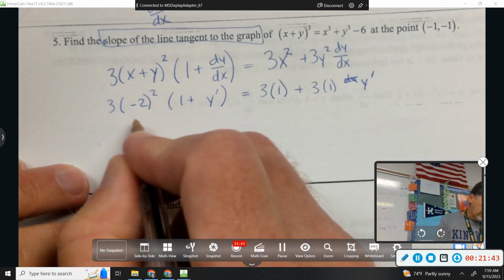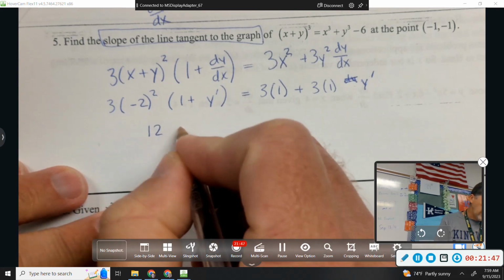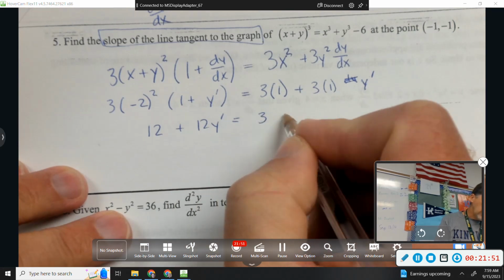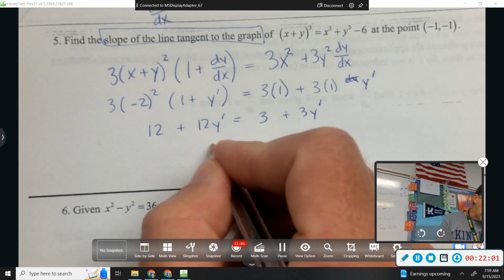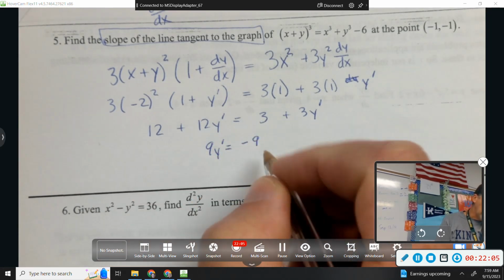Okay, so 3 times 4 is 12, distribute to 12. 12 plus 12y prime equals 3 plus 3y prime. Okay, well that's not too bad. Subtract the 3y prime over and get 9y prime. Subtract the 12 over and get -9.